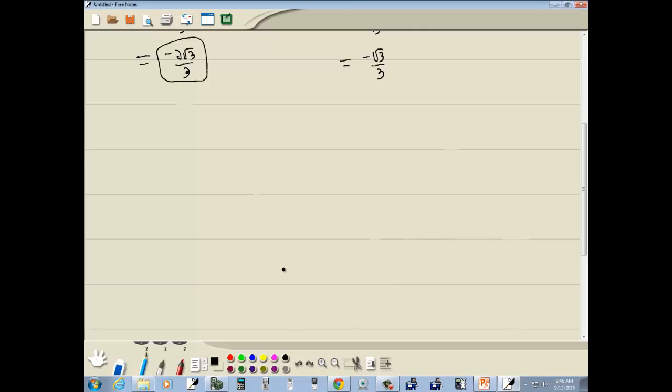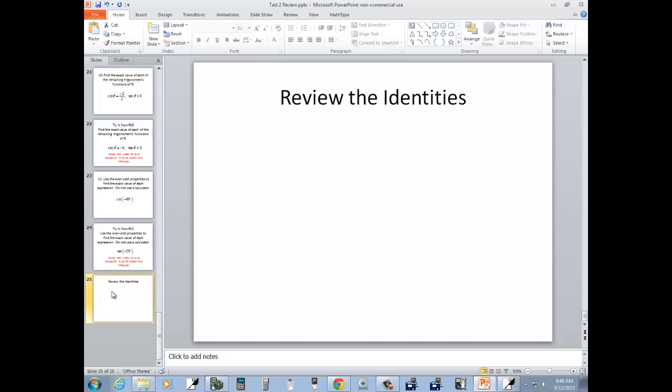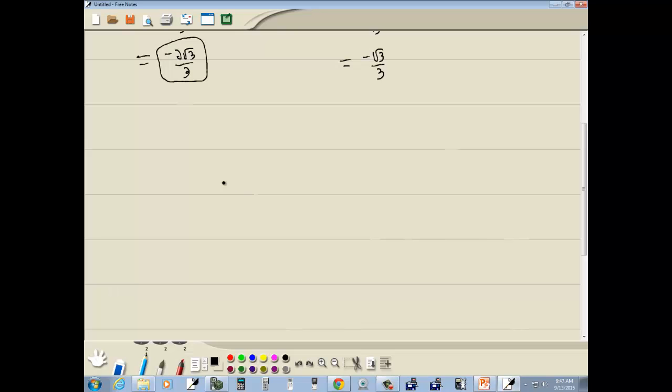Now the last thing in the review is to talk about the identities. Okay. Cosine, remember, is 1 over secant. And secant is equal to 1 over cosine. Sine is equal to 1 over cosecant. And cosecant is equal to 1 over sine.